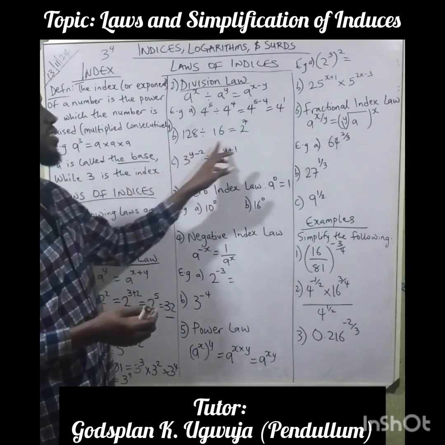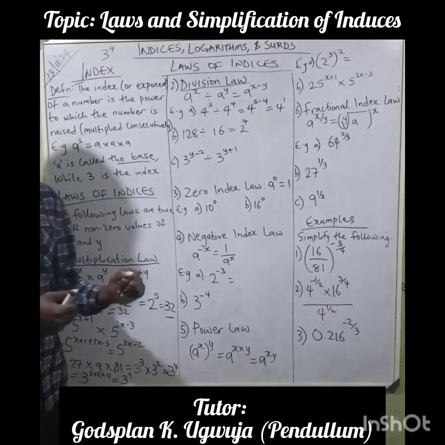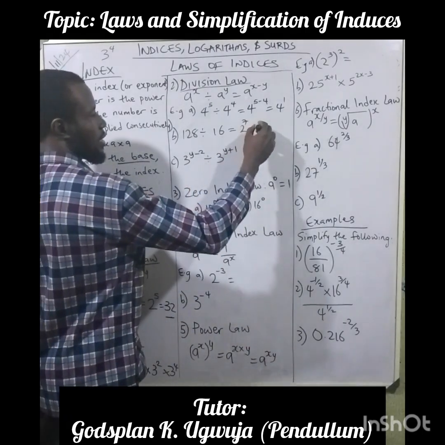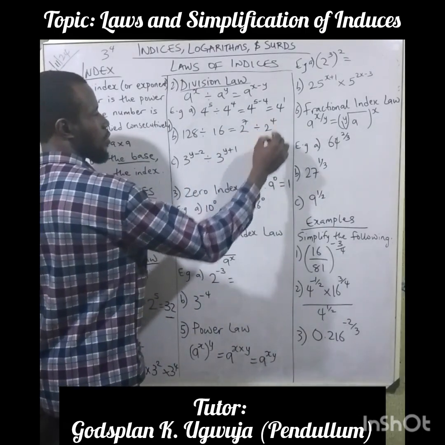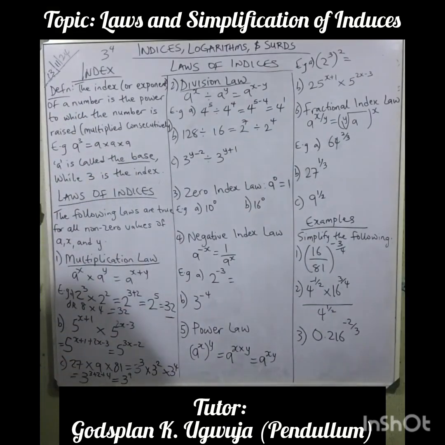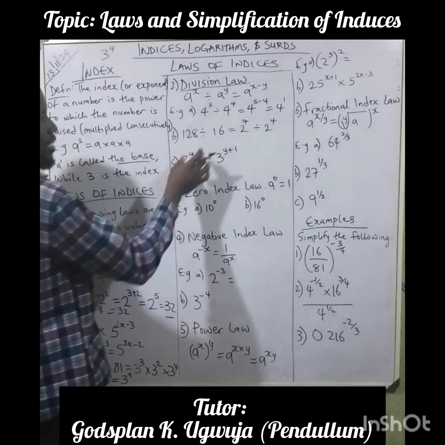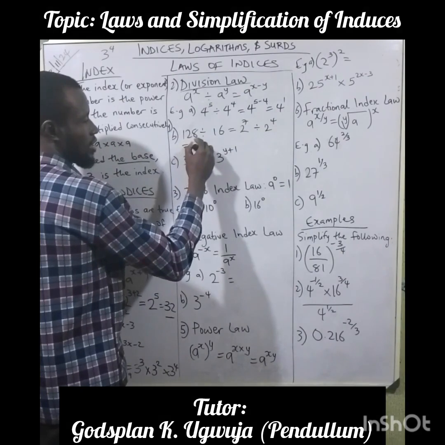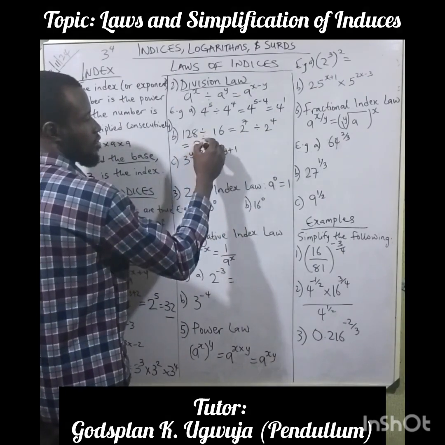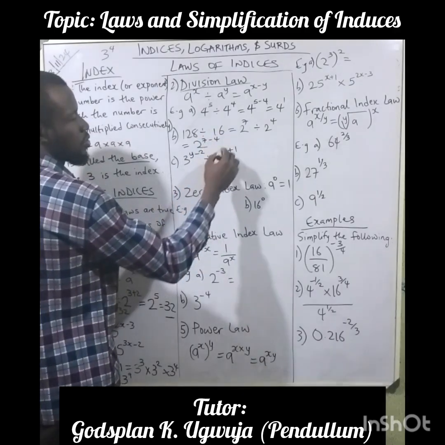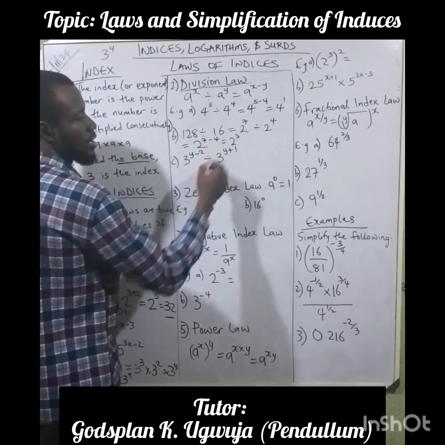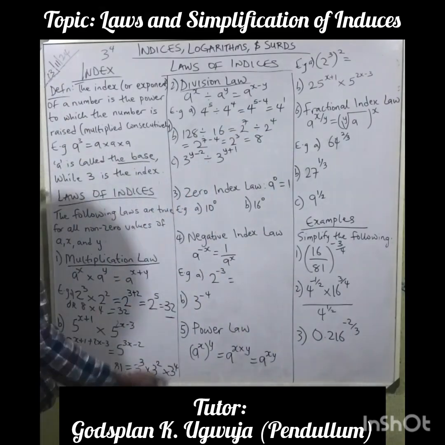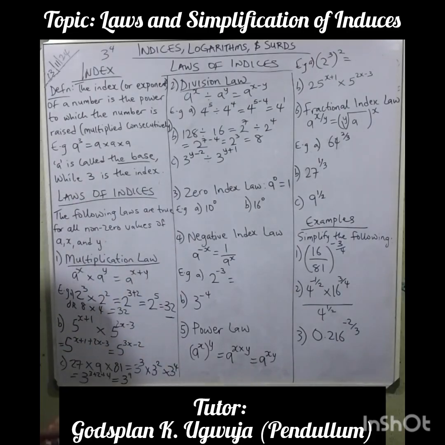Yes, so 128 is 2 raised to power 7. 2 times 2 times 2, 7 times, divided by 16, which is 2 raised to power 4: 2 times 2, 4 times 2, 8 times 2, 16. Now I've written this as indices in the same base, so I can take one of the bases and subtract the power, 7 minus 4, which is 2 raised to power 3. And this is 8. Alright, so very easy.